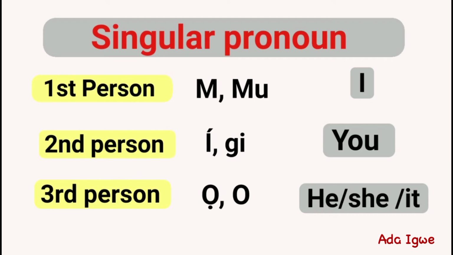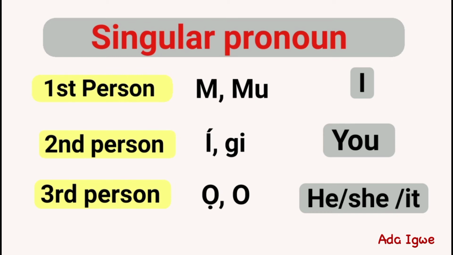First person singular in Igbo is used as m or mụ, which is equivalent to English I. Then the second person singular is called I or gị, which is also equivalent to English you.